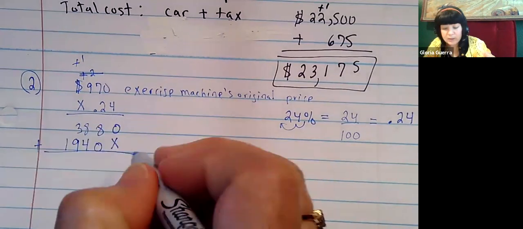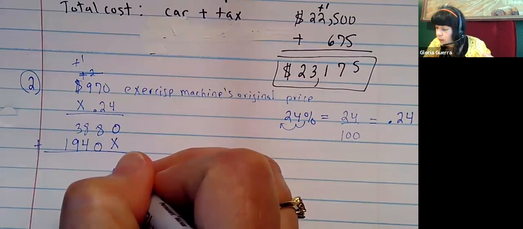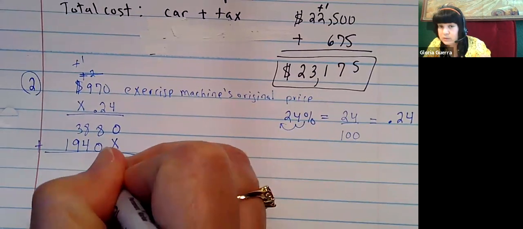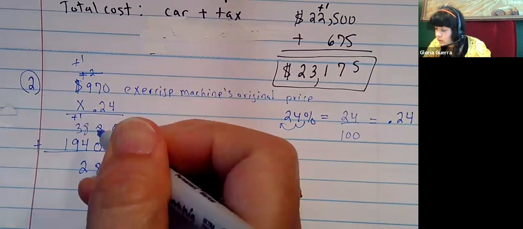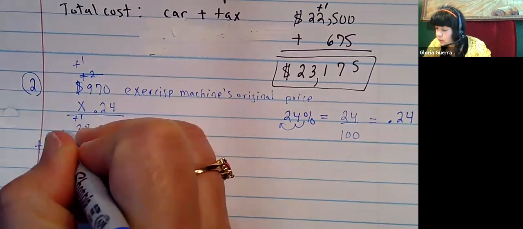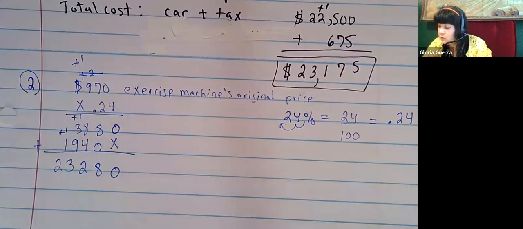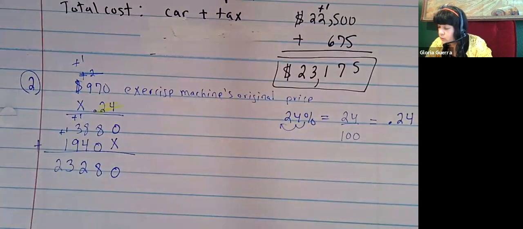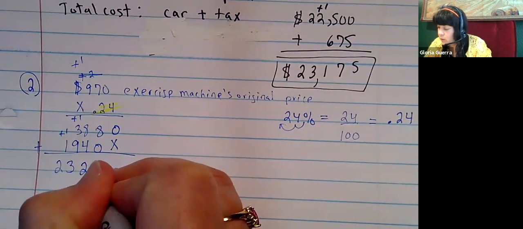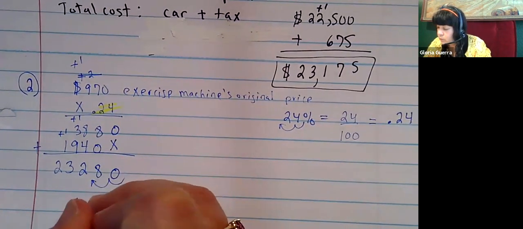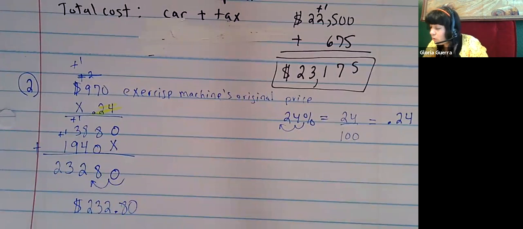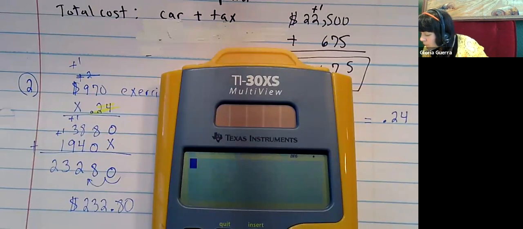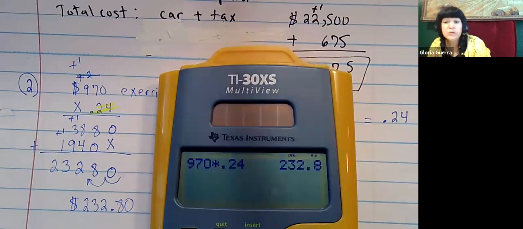And then I'm going to add everything up. And so I have 0, 8, 8, 9, 10, 11, 12, carry the 1, 9, 10, 13, carry the 1, and then that's a 2. And then I count my decimal moves. I have 2 decimal moves. So I have 1, 2. Okay. So I'm at $232.80. And when I check on the calculator, 970 times 0.24 is $232.80.